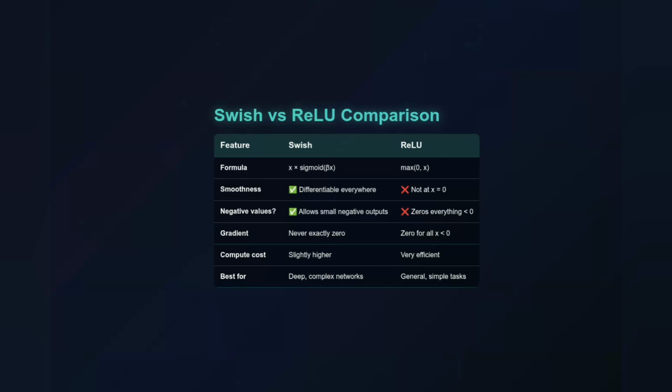Swish is differentiable everywhere. Negative values. ReLU zeros everything negative. Swish allows small negative outputs. Computational cost. ReLU is extremely efficient. Swish is slightly more expensive. Best use cases. ReLU for general simple tasks. Swish for deep complex networks.